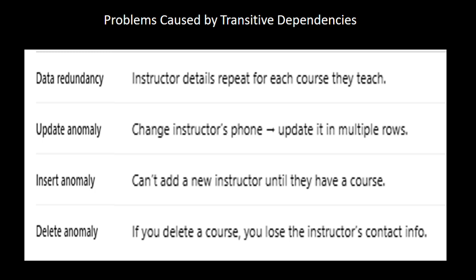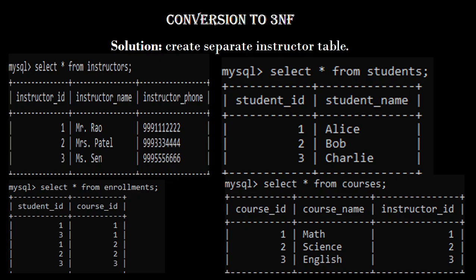And even if you want to delete a course, because of the course detail deletions, even the instructor's contact info might be lost. So to address that issue and to remove the transitive dependencies, we have created a separate instructor table. So the instructor table is separate, and however many instructor details you want to update, you can update in that table.